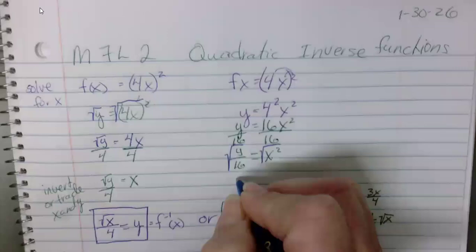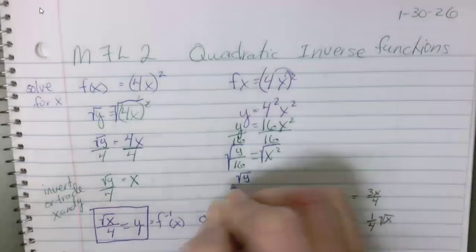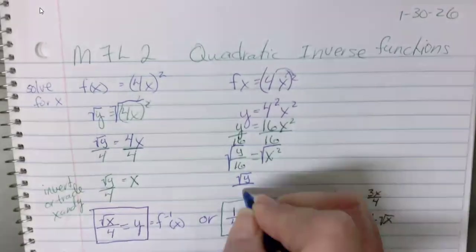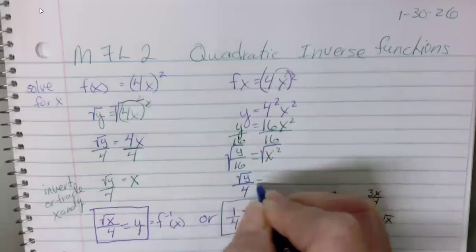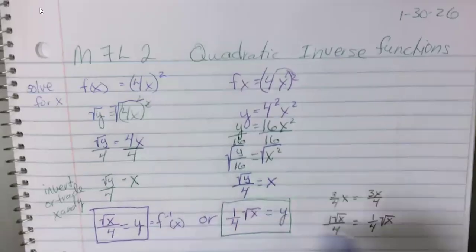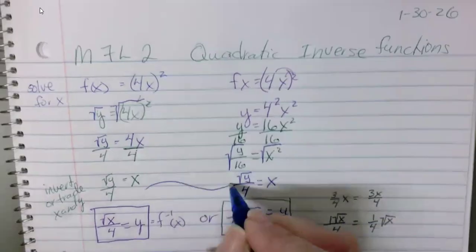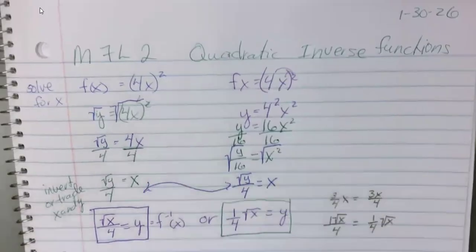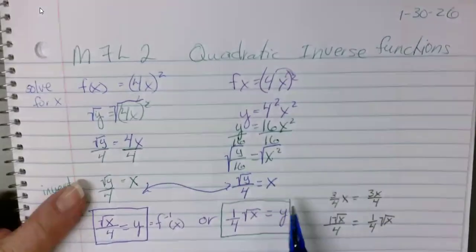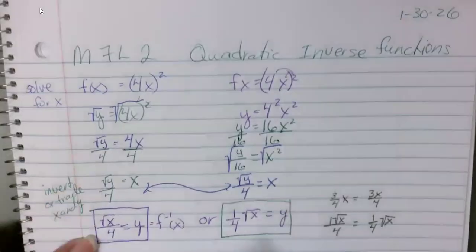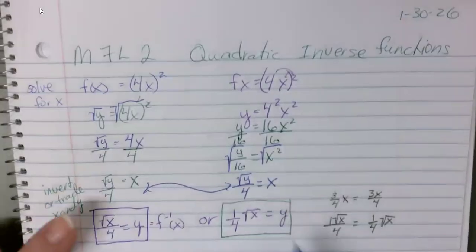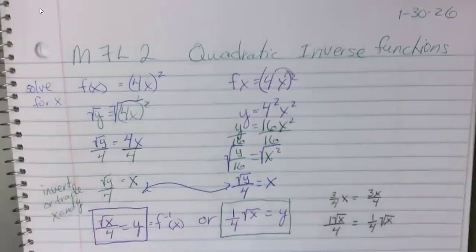So we get square root of y, and then the square root of 16 is 4, and that equals x. Check it out. Doesn't matter how you do it. At that step, they are both the same, and then you can bring them down into either of these when you change the variables.